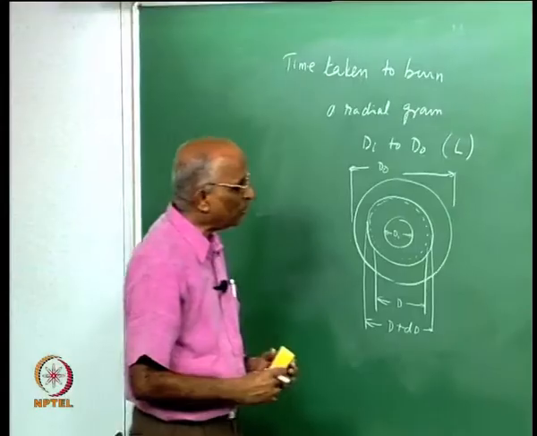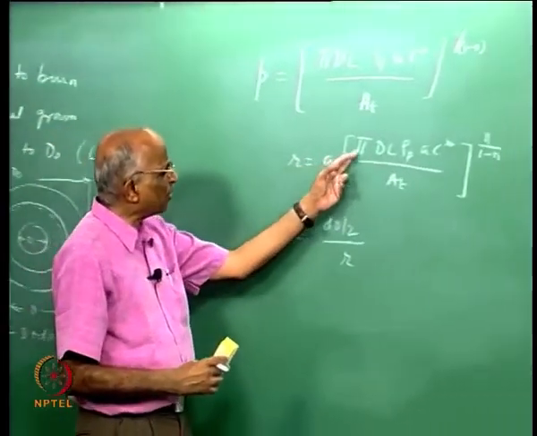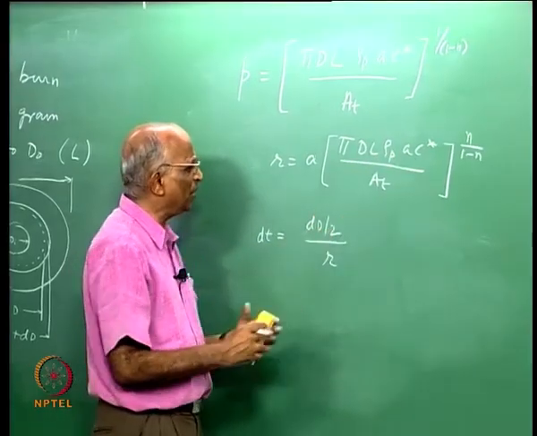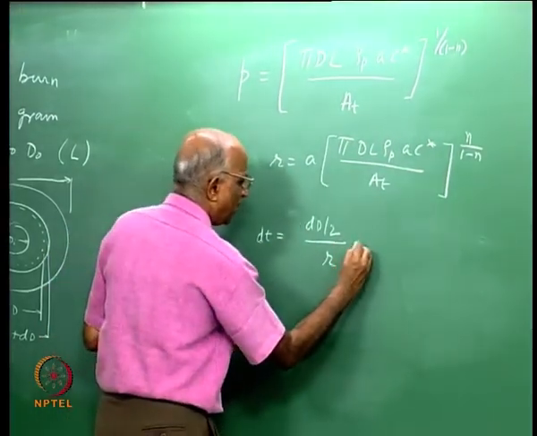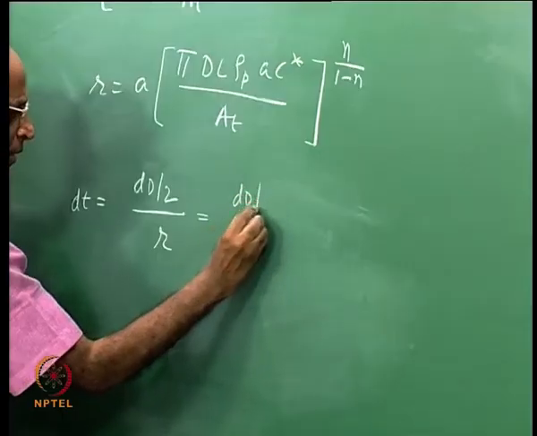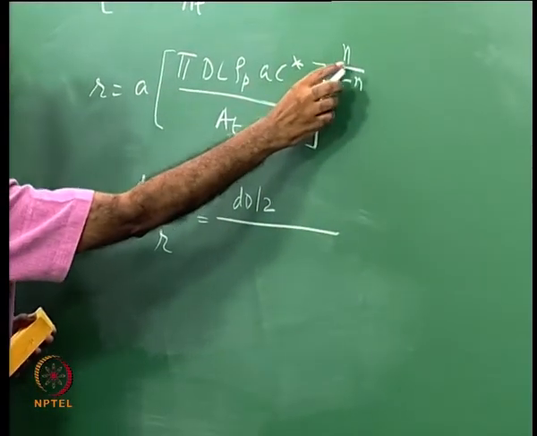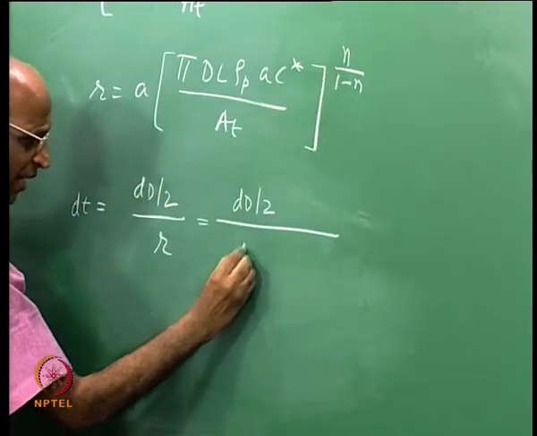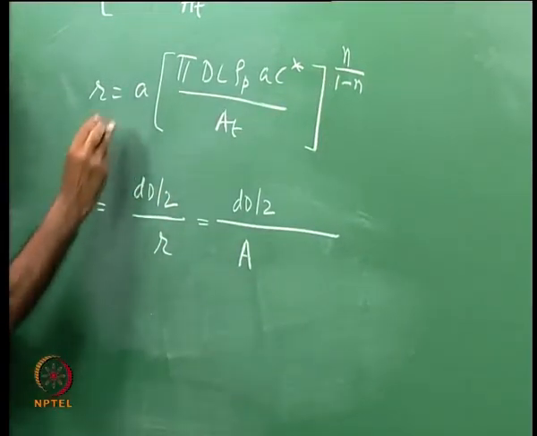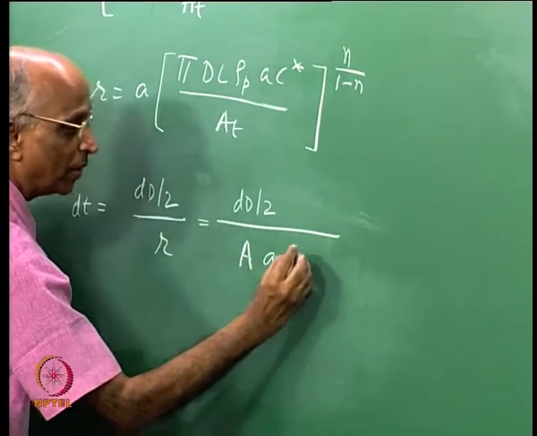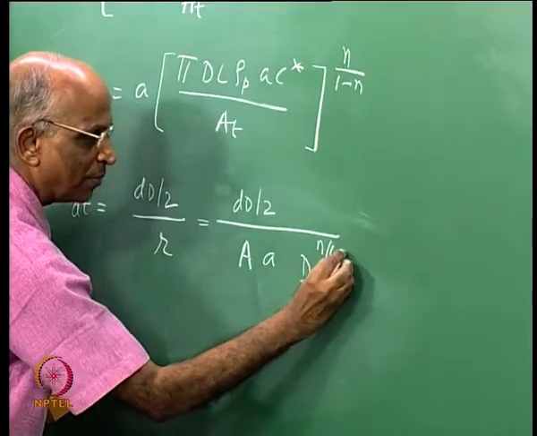And what is this come out to be? Now I find pi is a constant, length is a constant, d is variable, rho p is a constant, all these are constants except d. Therefore, I can write this as equal to dd divided by 2 divided by, I take all the constants to the power n minus 1 as let us say a, and then I have this a over here, and then I write it as d to the power n by 1 minus n.